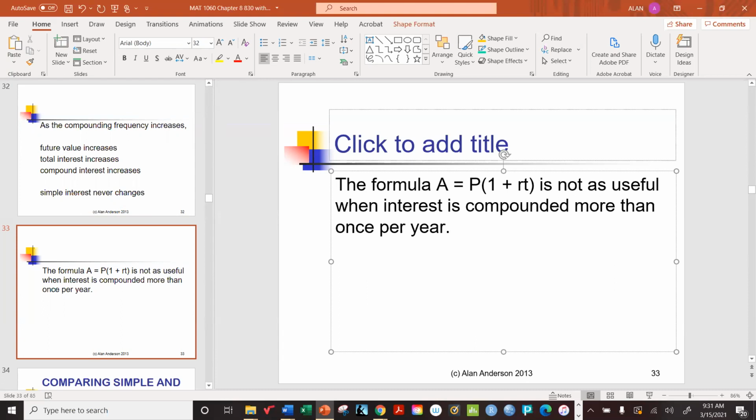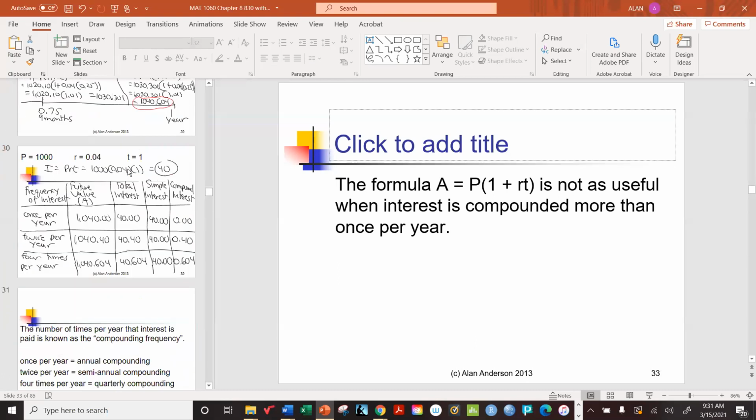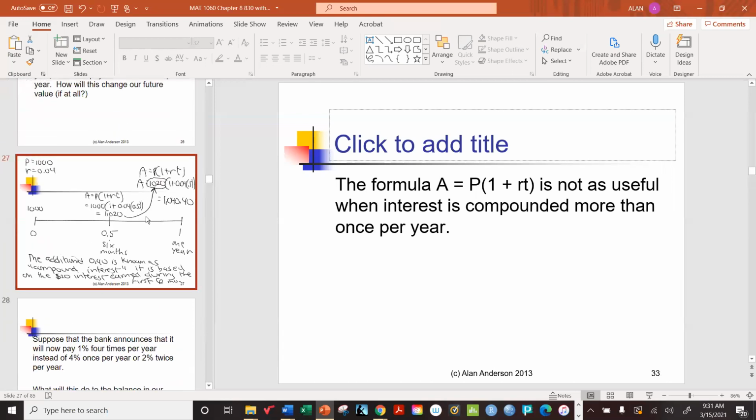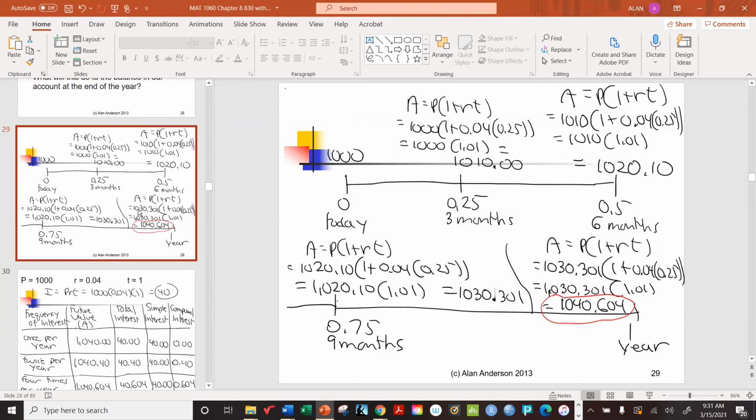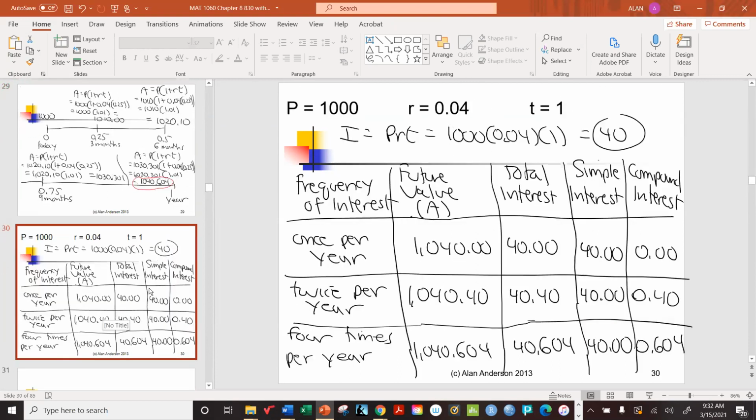In other words, you notice how I used it here twice, and you notice how here I use it 4 times. So the more frequently the interest is compounded, the more times I would have to use this to come up with the future value of the sum. And that obviously is going to get very awkward if I keep increasing the compounding frequency.